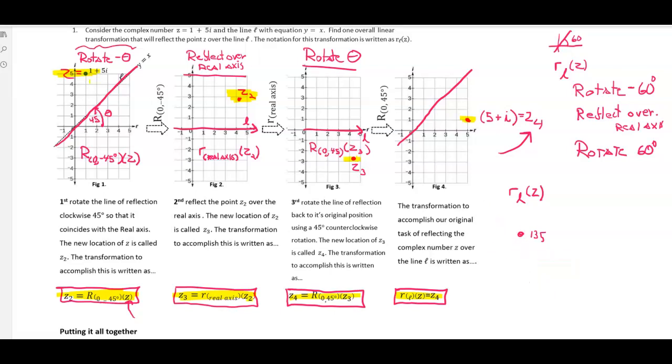Okay, so your angle is 135. So just do these 3 steps. Rotate negative 135. Reflect over the real axis.